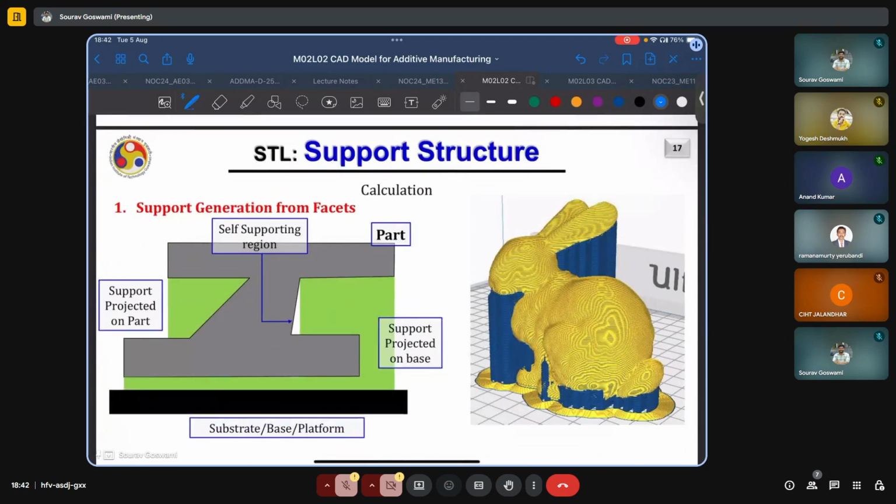And here again there is an example. On the right here, we have support which is projected all the way to the base. In the middle, there is a region where it is going till the next facet.